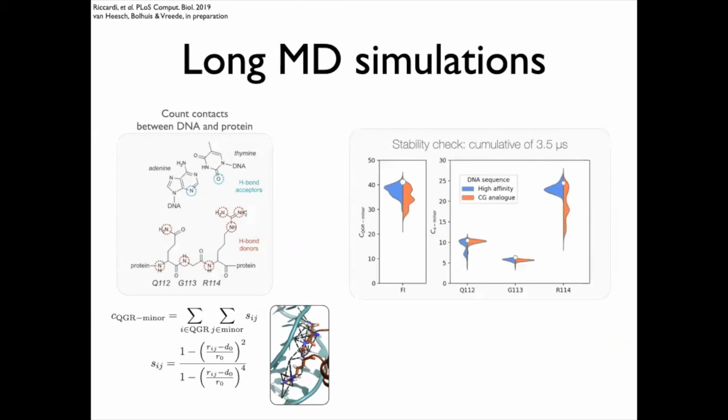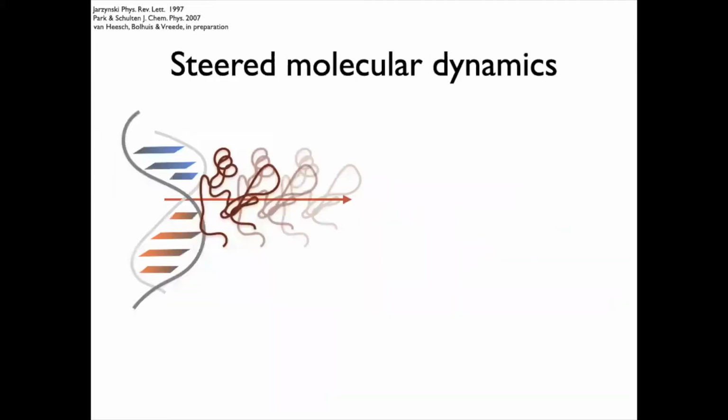And here is plotted in blue the contact count for the high affinity sequence in the protein DNA complex, and in orange the low affinity sequence. And what we see is that even after a cumulative simulation time of 3.5 microseconds, there is no dissociation. So we can count all we want, but we are just stuck in one minimum. But we actually need to transition to the other minimum. Okay, how can we achieve that?